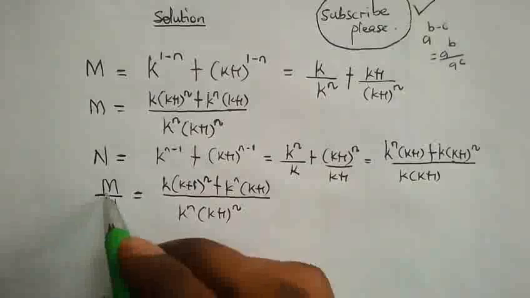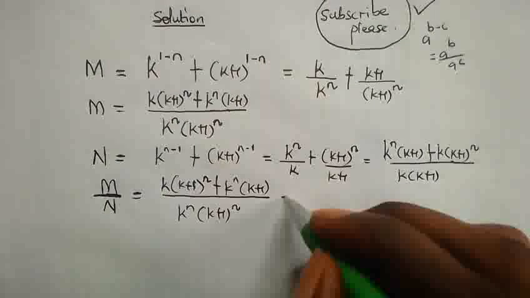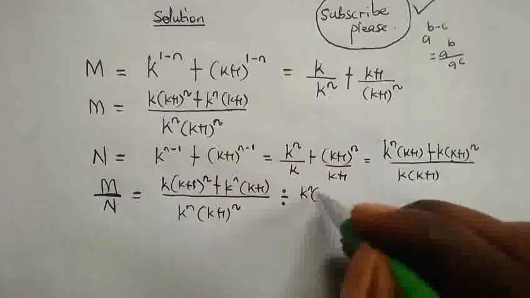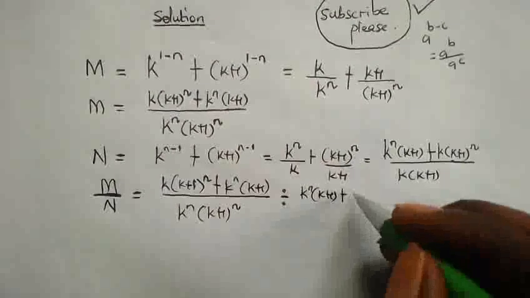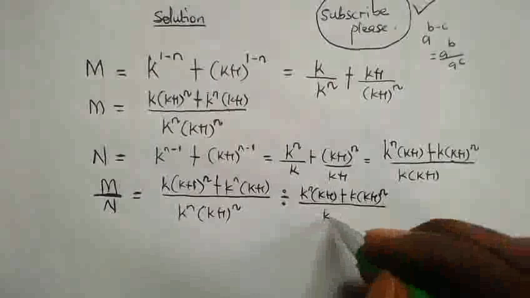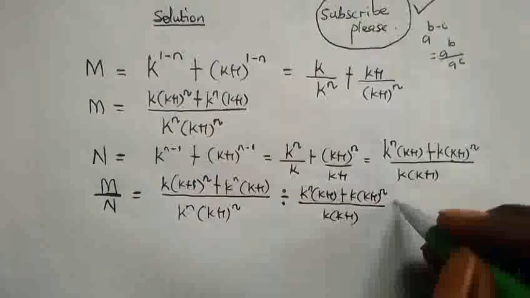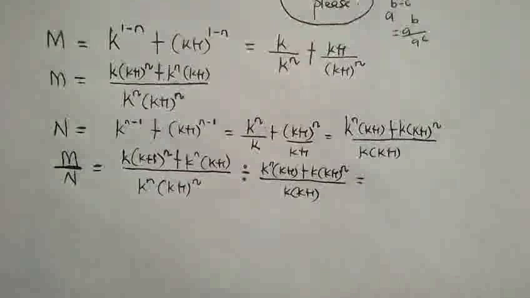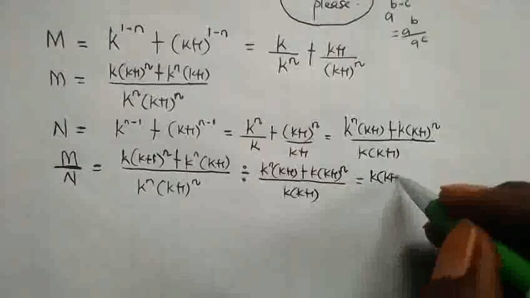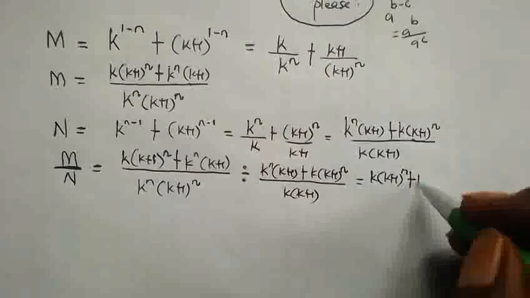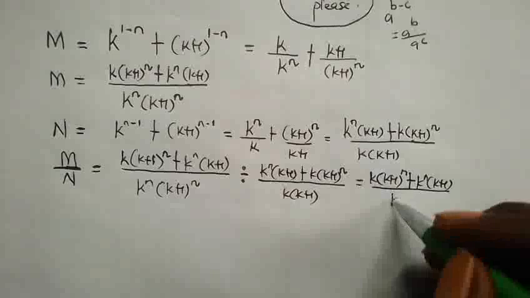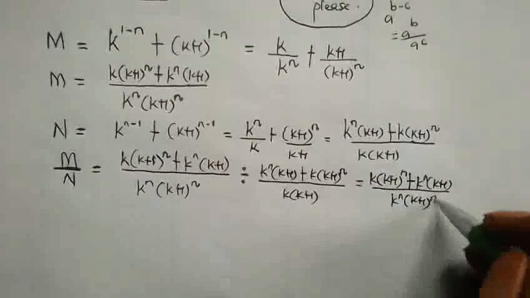Instead of writing this division in this form, I will write it like this: divided by k raised to the power of n times (k plus 1) plus k times (k plus 1) raised to the power of n, all over k times (k plus 1). Now I'm going to rewrite this as follows: k times (k plus 1) raised to the power of n plus k raised to the power of n times (k plus 1), all over k raised to the power of n times (k plus 1) raised to the power of n.